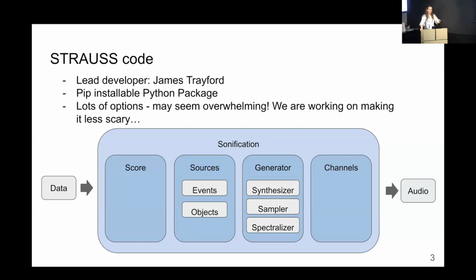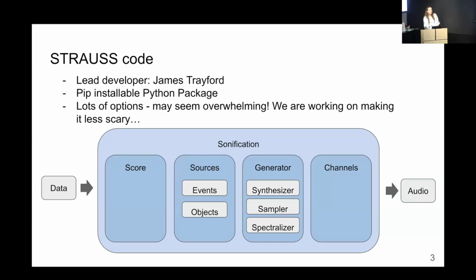Another class we use is the channels class, which allows you to map the audio to different speaker setups. For this tutorial, we stick with mono and stereo, because that's the technology I assume you have access to.